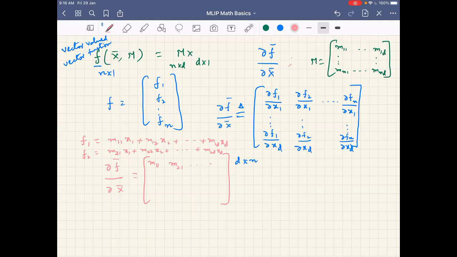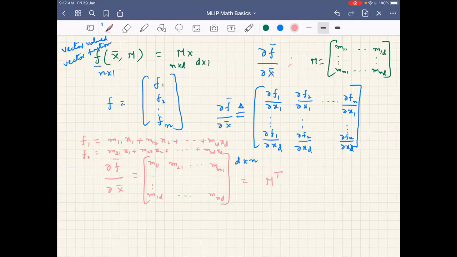Similarly, up to where it will go? MN1, dou Fn. Similarly now you can do that for XD. Dou F1 by dou XD is M1D. So this is nothing but M transpose.